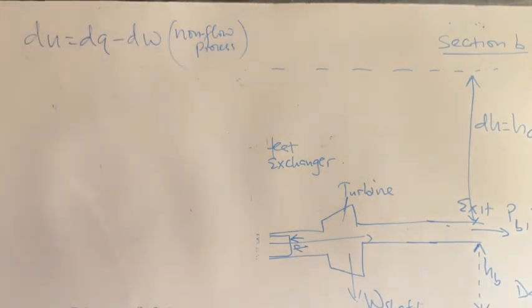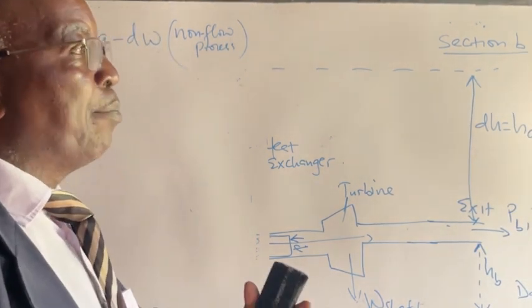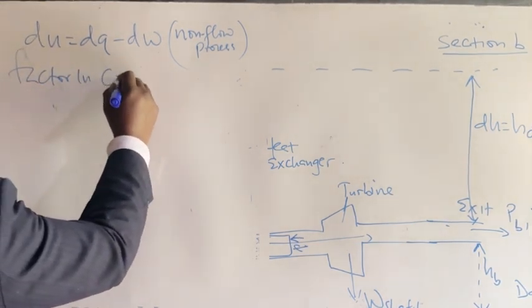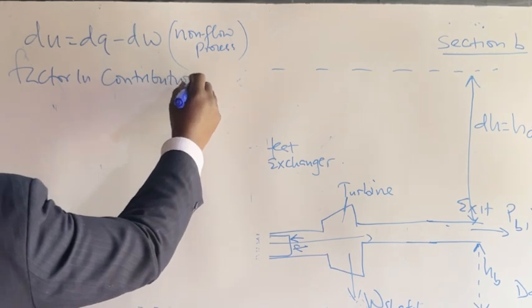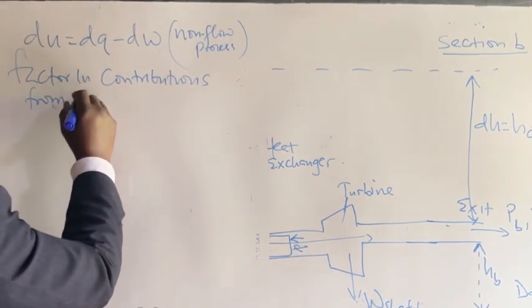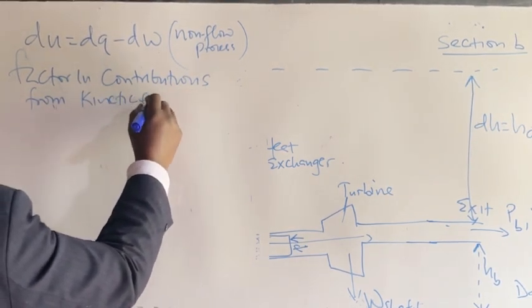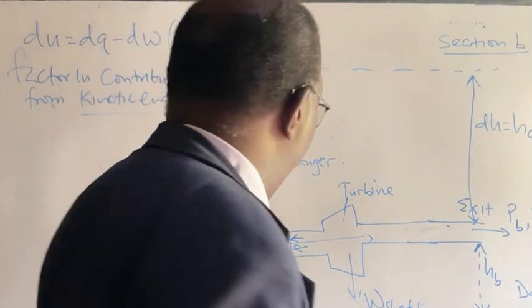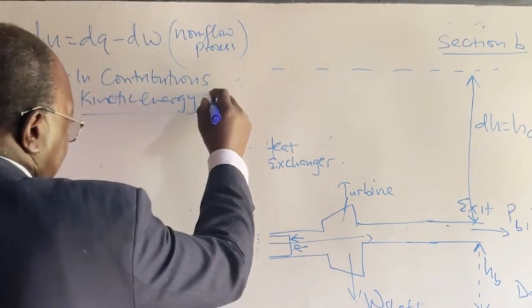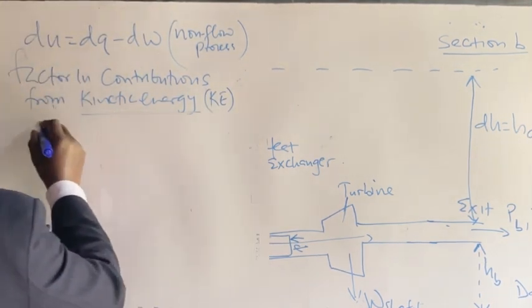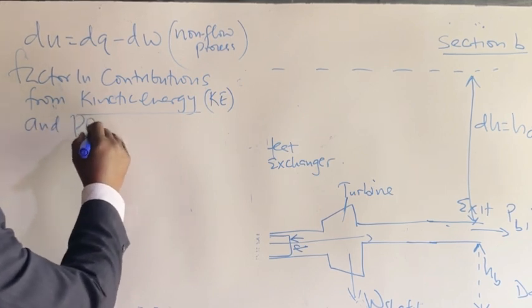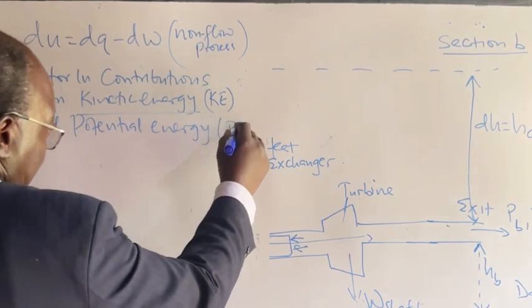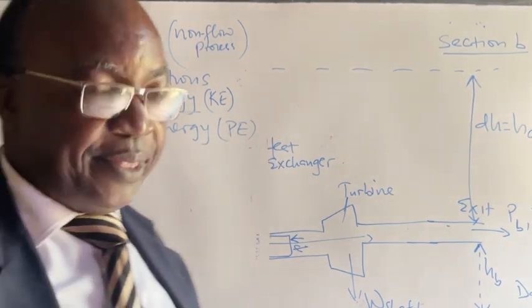So it means that we must now factor in contributions from kinetic energy, and remember, that's the energy associated with motion, and let's call it Ke, and potential energy, let's call it Pe, that is associated with elevation.